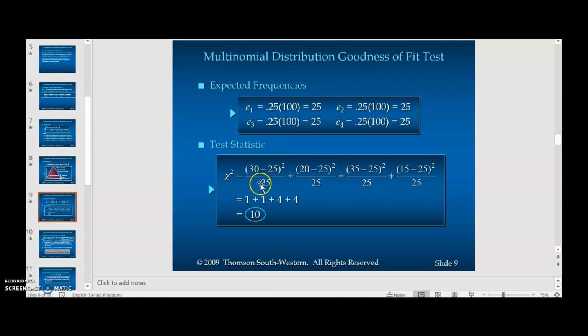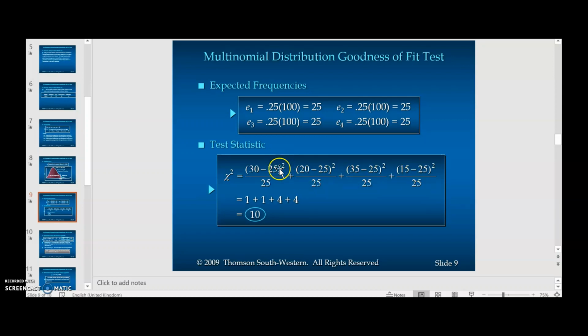Squared divided by 25. This 25 is also the expected frequency for the first category, the colonial. We repeat the same process to include the components for the second, third, and fourth categories.